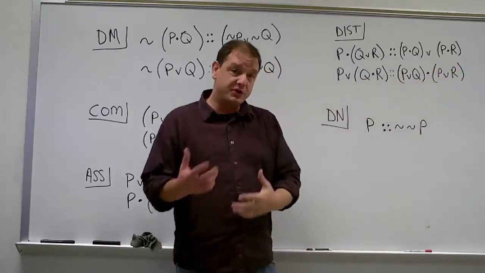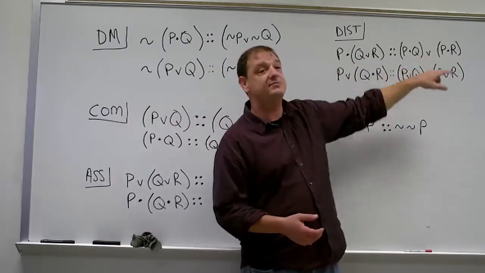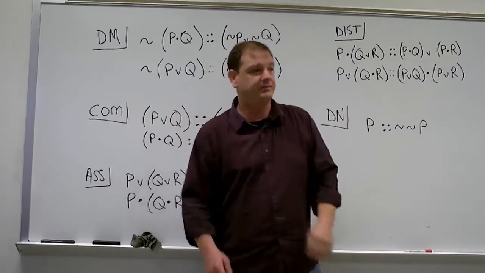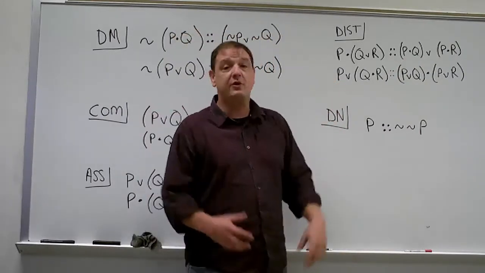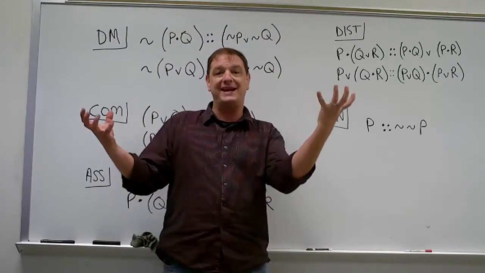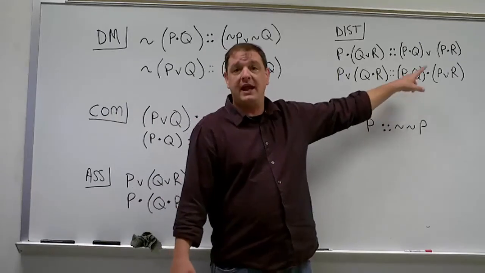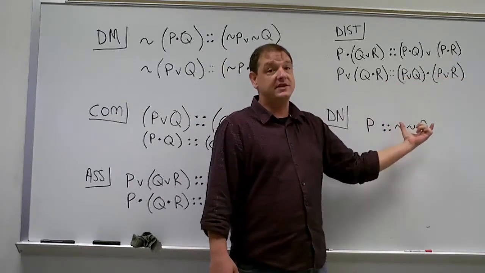Again, going to become useful to you when, if you have a statement like this, when you change it to this, maybe you can use disjunctive syllogism to get one of those phrases by itself. Same thing with distribution. If you know that you either have P or you have Q and R, then it's fair to say P or Q and P or R, which now we could use to simplify out one of these terms.